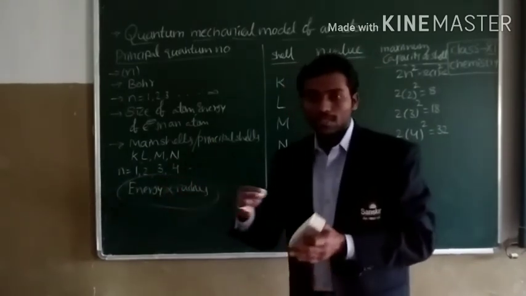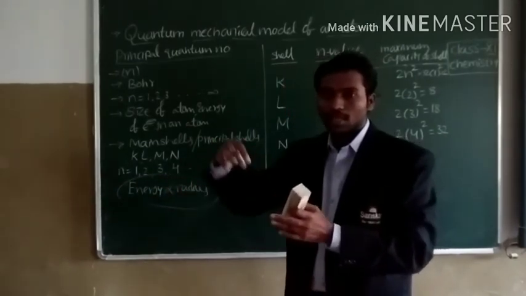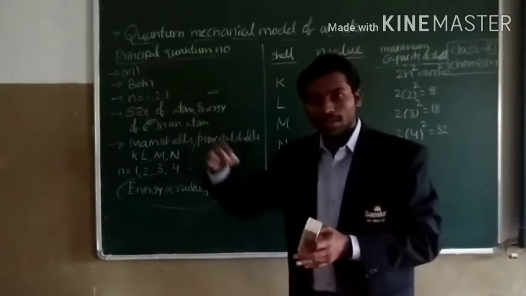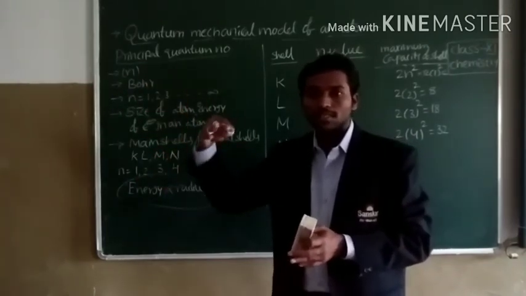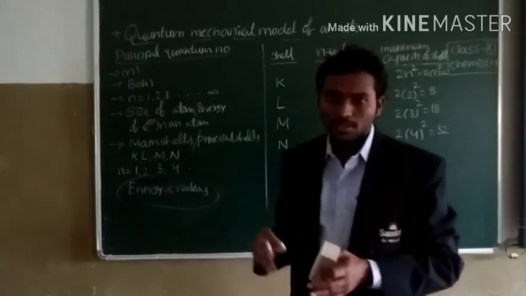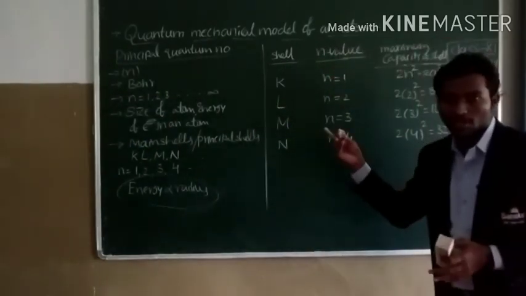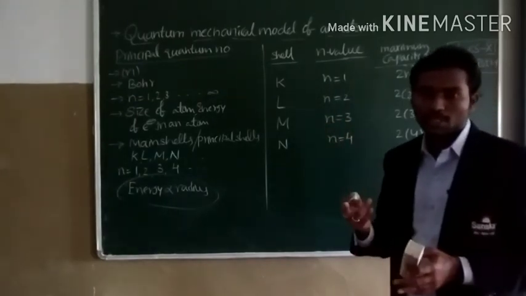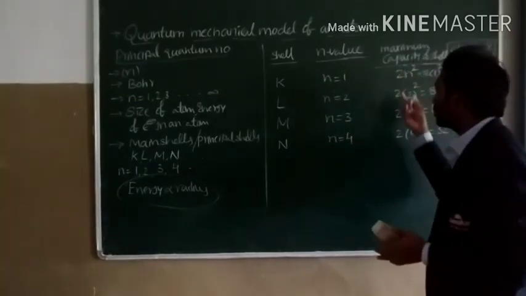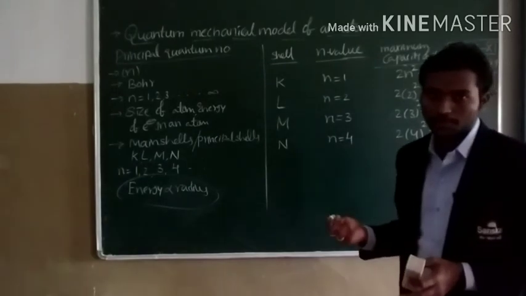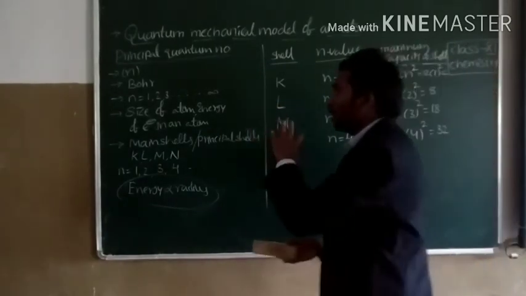When the distance between the nucleus and the shells increases, radius increases as well as energy of the electron. And Niels Bohr gave the formula 2n square, by which we can find out maximum capacity of each shell. So this is principal quantum number.